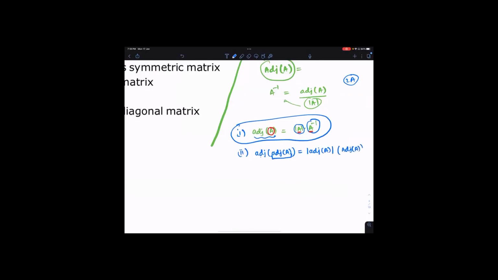Adjoint of A is det A into A inverse, and its inverse, since det A is a scalar, K times a matrix inverse will be 1 by K. So it is 1 by det A into the inverse of A inverse, which will be A only.